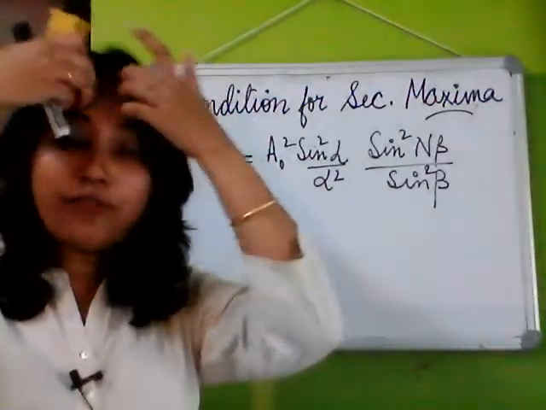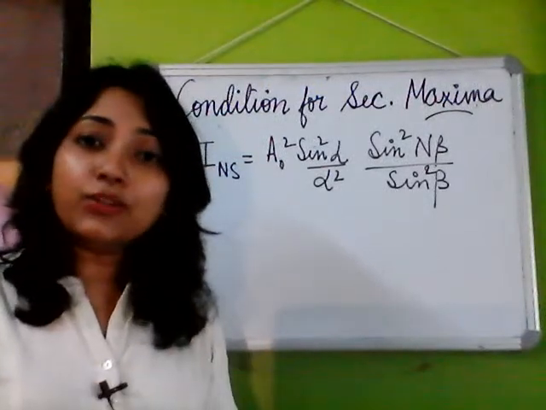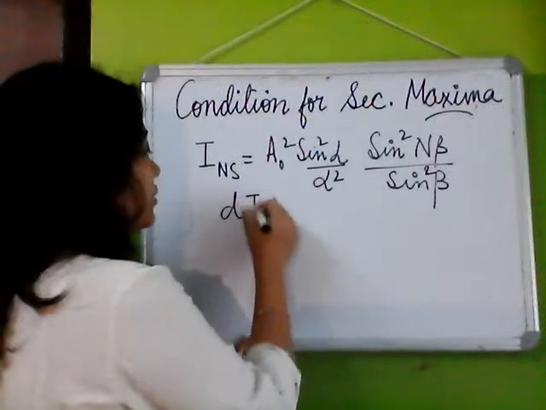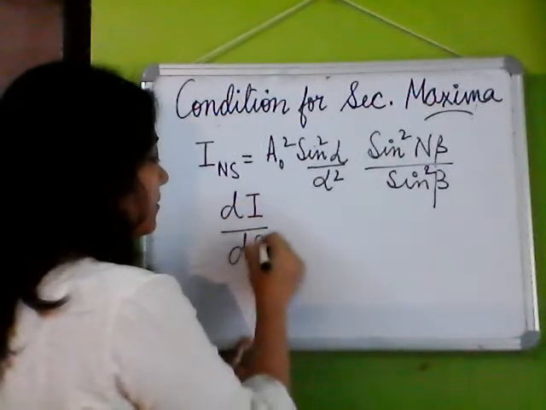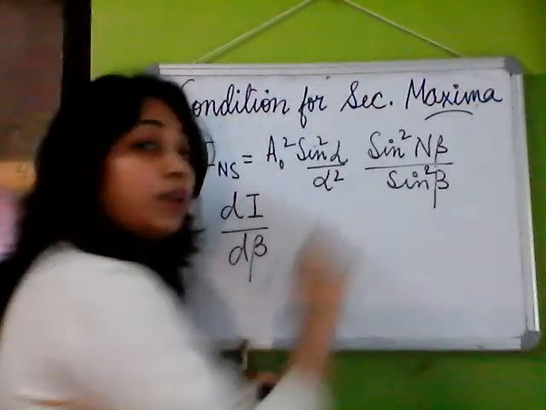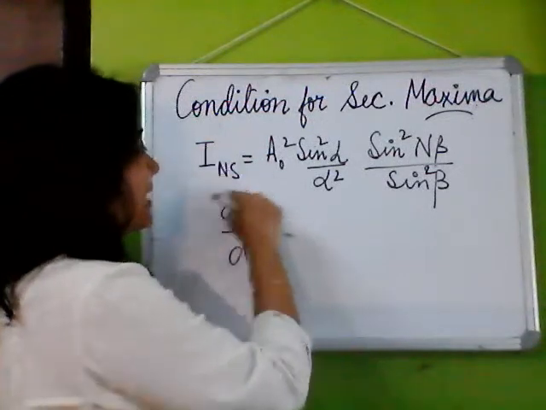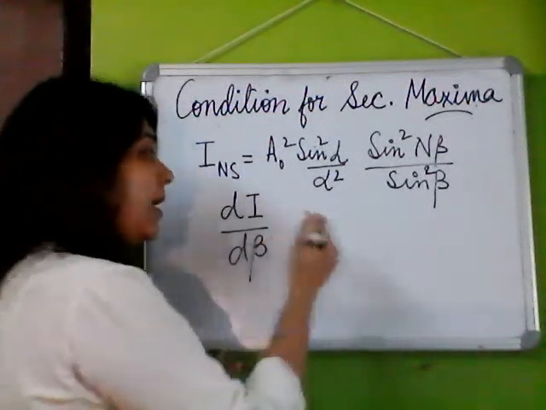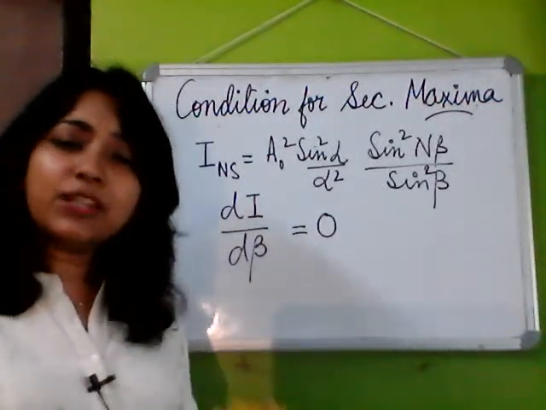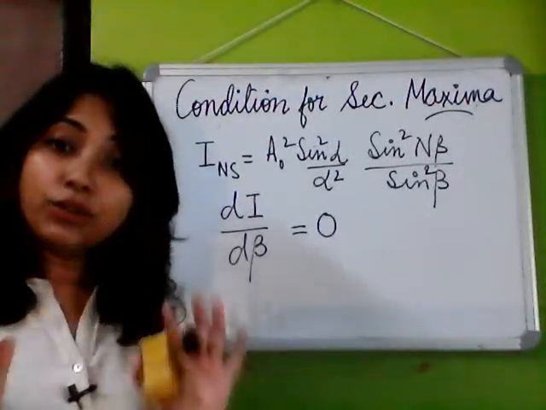So to find the condition for getting the secondary maxima, I can differentiate this intensity with respect to beta. Beta term is more important and that is the reason why we are going to differentiate this intensity with respect to beta and then equate it to 0, the same method in which we generally find the minima and maxima conditions. So this is what we are going to do now.